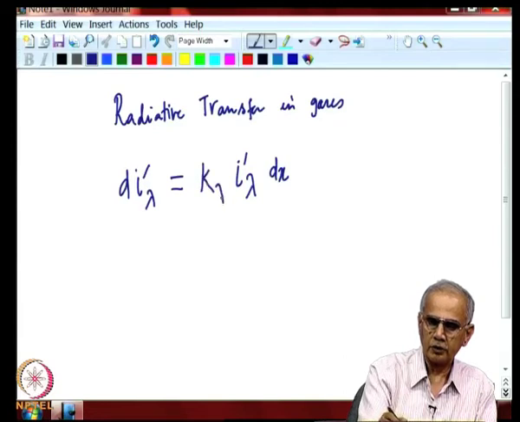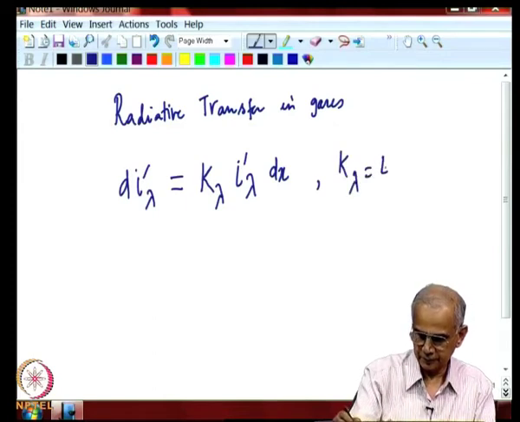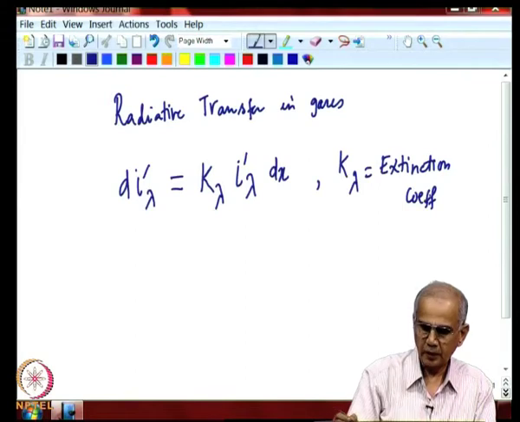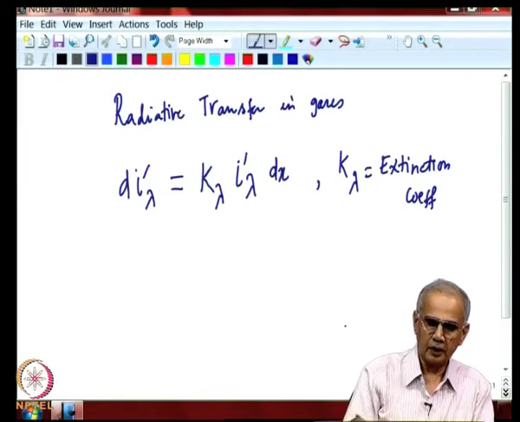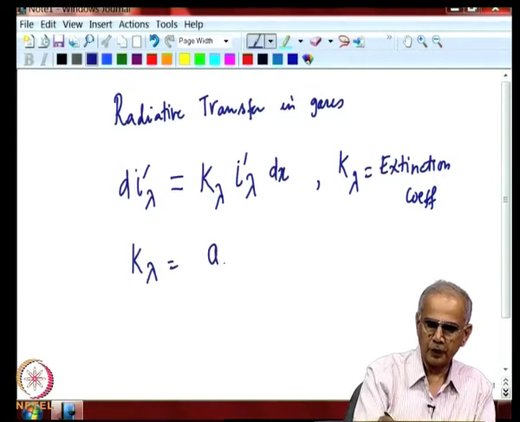and a constant of proportionality called the extinction coefficient. The extinction coefficient has two parts, the absorption coefficient and the scattering coefficient.